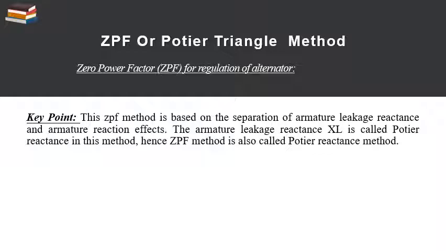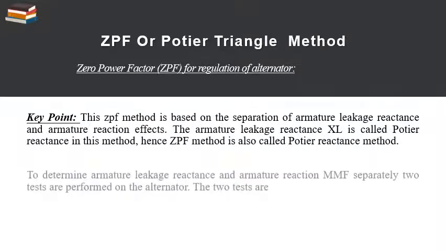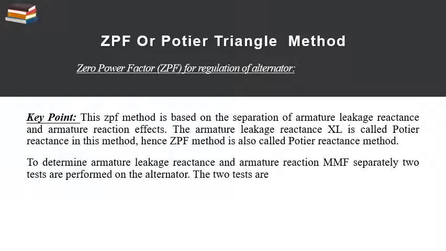Hence, the ZPF method is also called the Potier reactance method. To determine armature leakage reactance and the armature reaction MMF separately, two tests are performed on the alternator. The two tests are the open circuit test and the ZPF test.